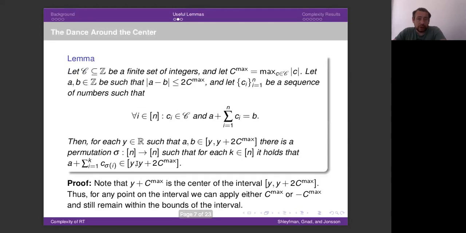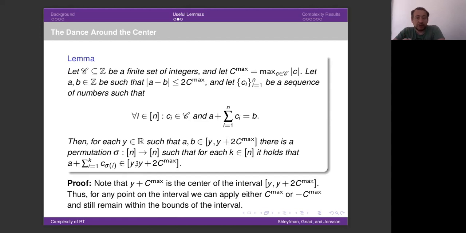Okay, next, how do we bring our problems to be bounded? That's a lemma that we're going to use quite a lot, at least in the paper. So suppose you have two numbers, A and B, and suppose you have a sequence of numbers that lead you from A to B. We take the maximal of those numbers in absolute value, Cmax.